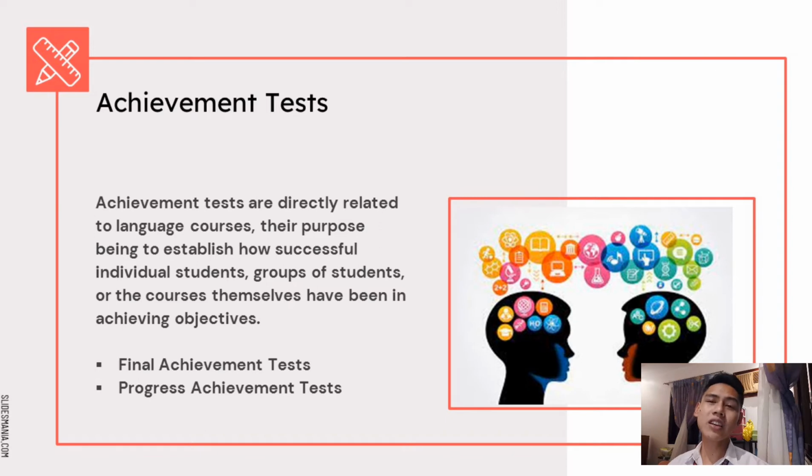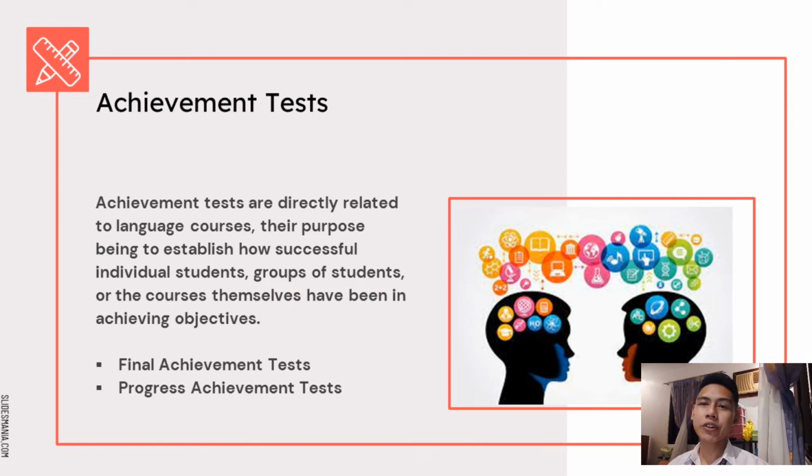At the end of the semester, a teacher may offer a final test to determine how well a student has retained the content they were taught throughout the semester. Typically, achievement tests are graded and are intended to indicate how well a student is progressing in their language education.